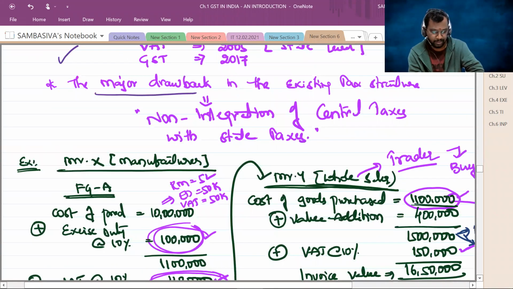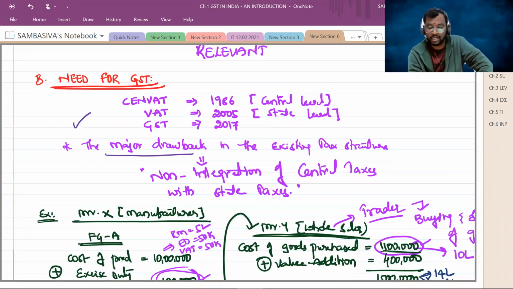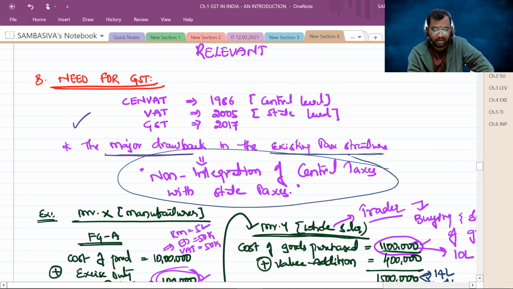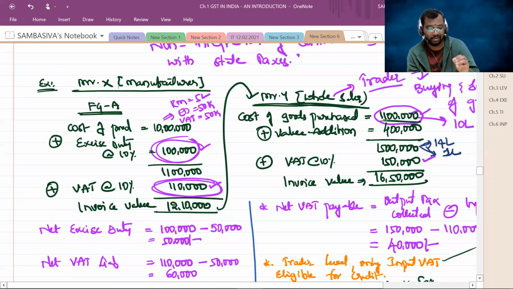Here, need for GST, we have studied in the first chapter. The major drawback in the existing tax structure is non-integration of central taxes with state taxes. This we have learned with the examples as well.